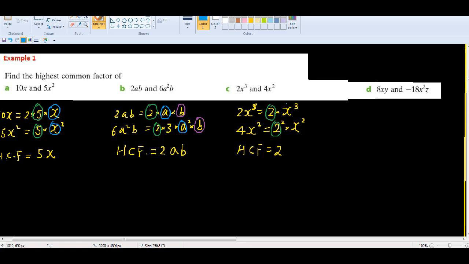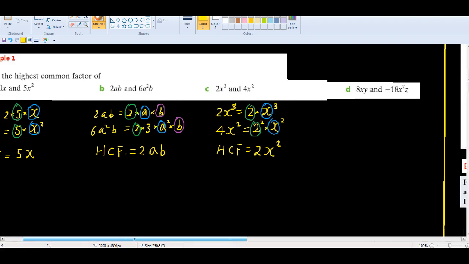And how about that x? Of course, x is the common factor, but one is x cubed, the other is x squared. So we always take the lowest power, so cube and 2, let's take 2. So the HCF is 2x squared.